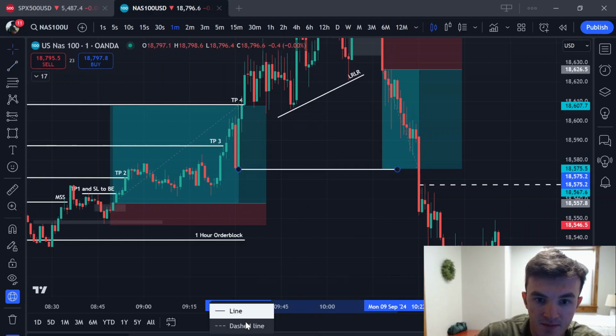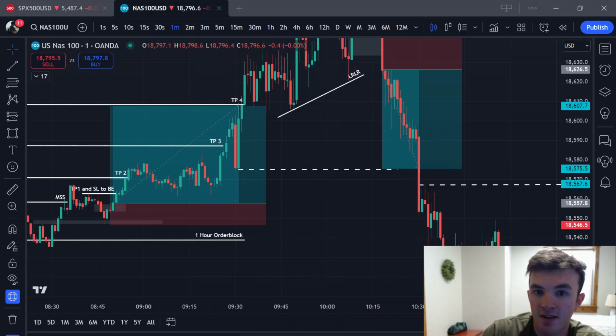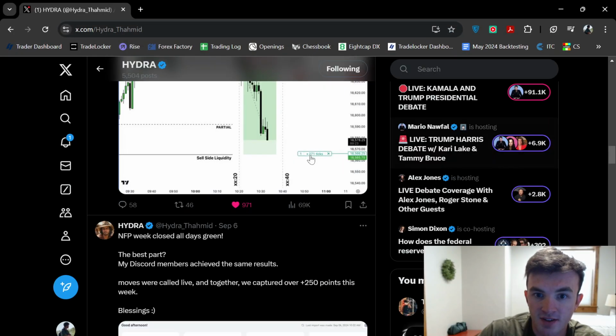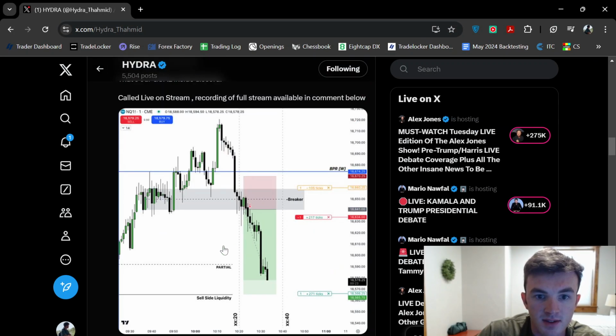Next, I'm going to take a look at Hydra's trade. You can see this was right after Dodgy's trade. This pushed into, looks like this is a breaker block. And I'm going to need to make a video on breaker blocks at some point, but essentially it's these up close candles.